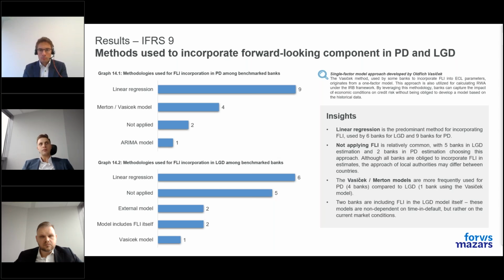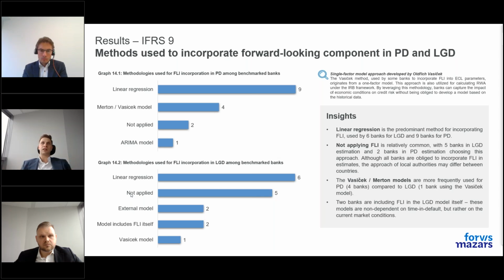calculating the correlation between the default rate and the systematic factor. So to know with what strength this factor impacts the estimates. There are also few banks using external models. 2 banks are including forward-looking itself in LGDs.